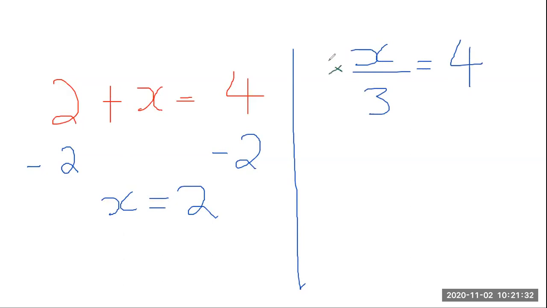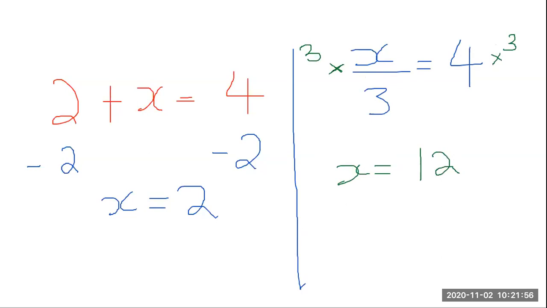For the people that put in the chat, that's good. I see it. So I multiply 3 on both sides, because since the 3 is at the bottom, I have to multiply to get it off the bottom. So I do the multiplicative inverse. So then x is equal to 12.